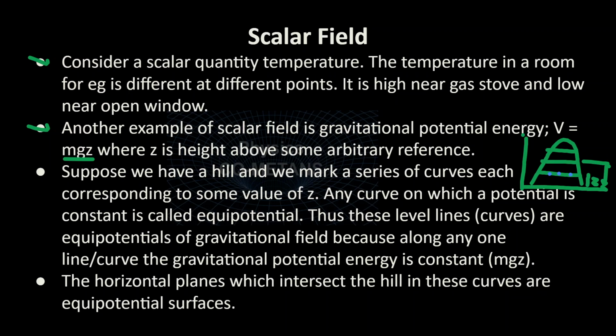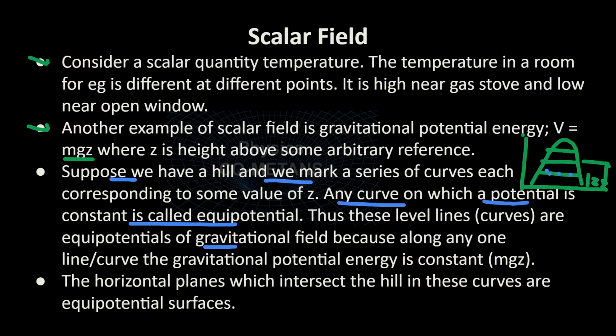So this line is called an equipotential. We have written over here, suppose we have a hill and we mark a series of curves, each corresponding to some value of z. Any curve on which the potential is constant is called an equipotential. These lines, called level lines, are equipotentials of the gravitational field.